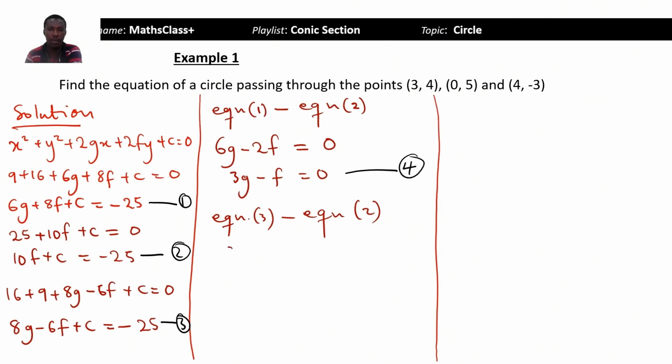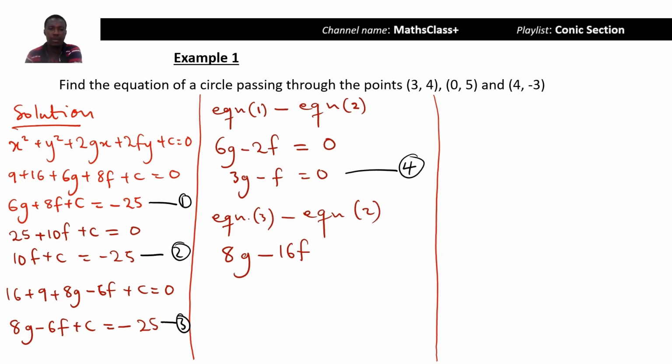So here will become 8g, then negative 6f minus 10f will be minus 16f. c minus c will be 0, and then minus 25 minus minus 25 will also be 0. And so this one too, g minus 2f is equal to 0. That's my equation 5.